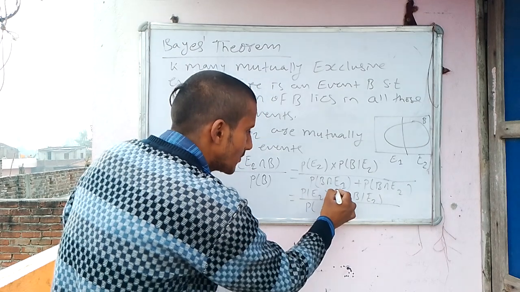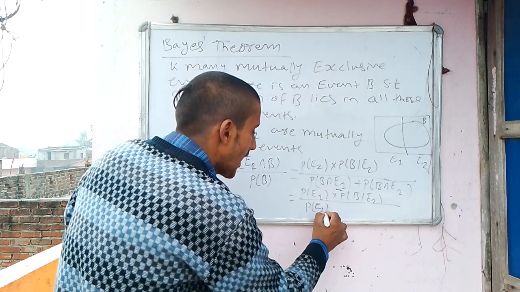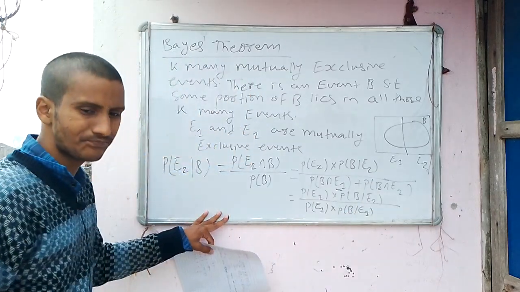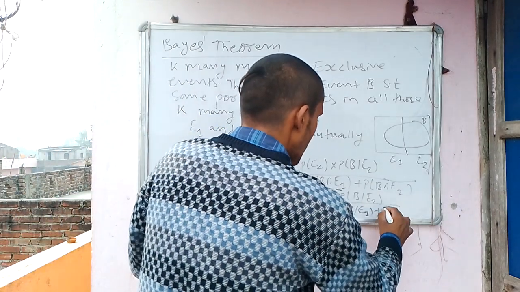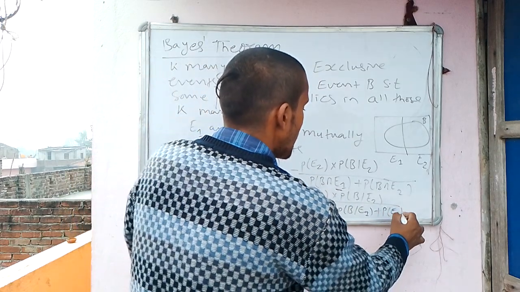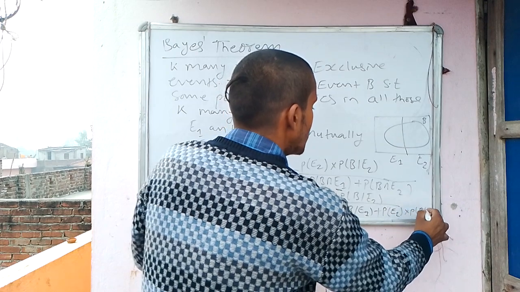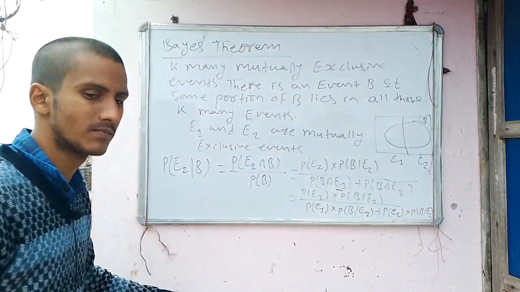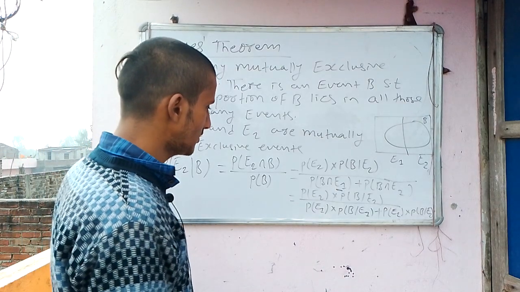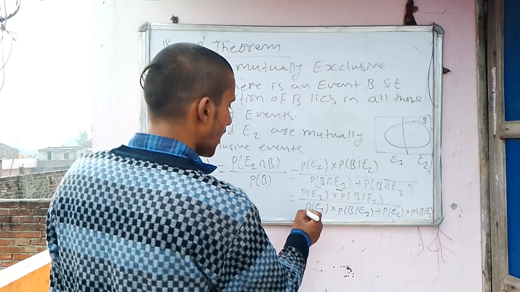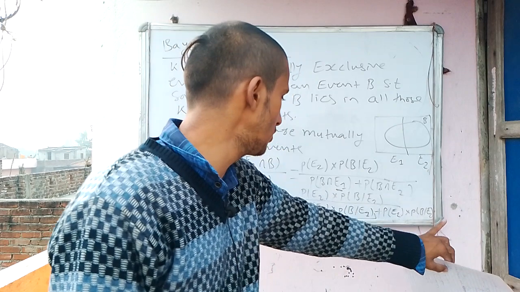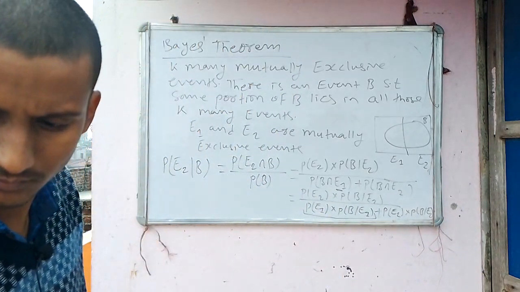So you have to go from this: probability of E1 times probability of B given E1, plus probability of E2 times probability of B given E2. Okay, this is it. So this is the weighted probability of E1 and the weighted probability of E2, adding them up.